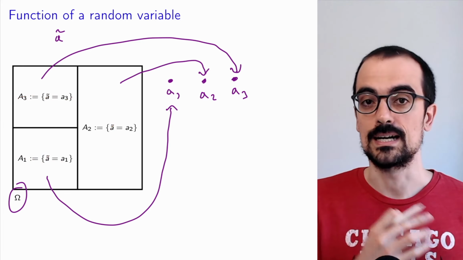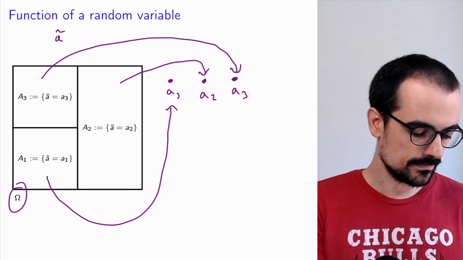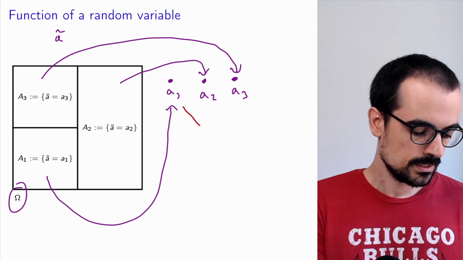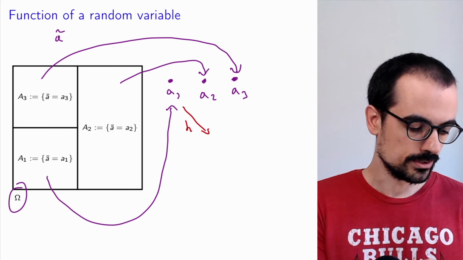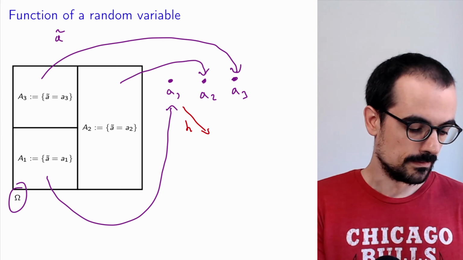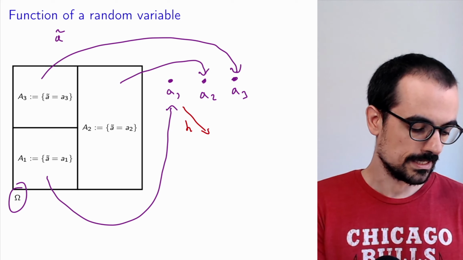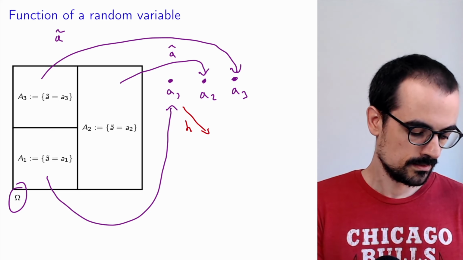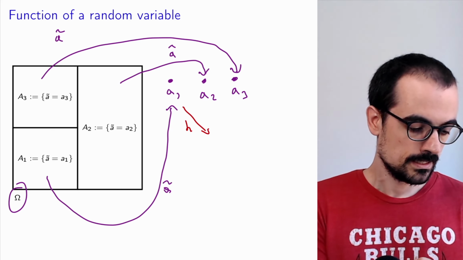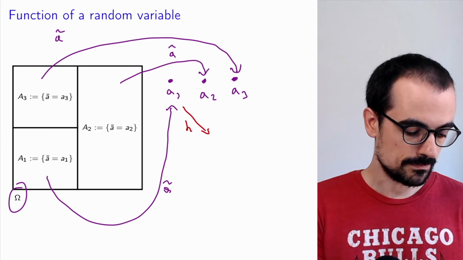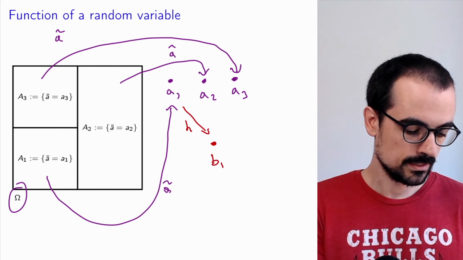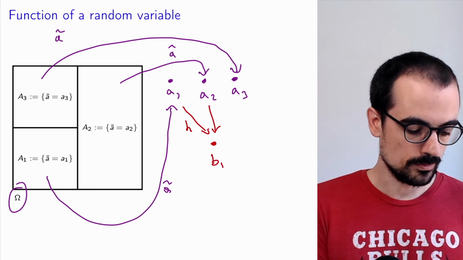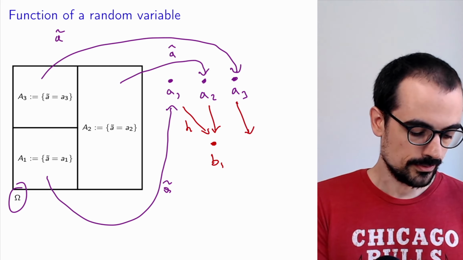But now what we're saying is that there's this function h. So just to be clear, all of these guys are A. So there's this function h that maps the points to these new points. So let's say that h maps a1 and a2 to b1 and a3 to b2.